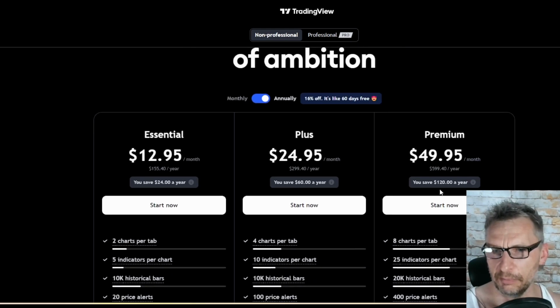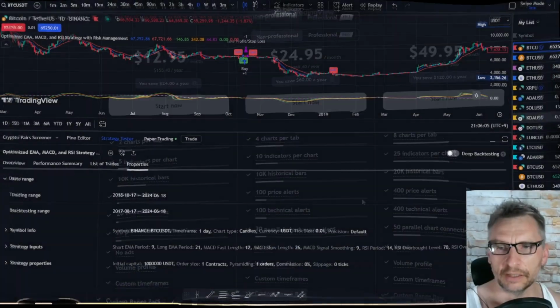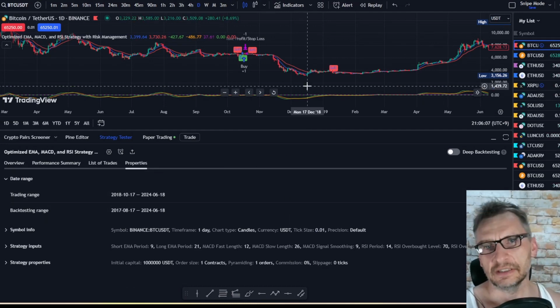So on the premium, you'd be paying $475, something like that. On the Plus, it would be a little bit less, but the backtesting is a little bit more limited. But you get 4 charts per tab, 10 indicators, 10K historical bars, 100 price alerts, 100 technical alerts, and all that good stuff here. But again, you don't need to. You can use it the way it is.